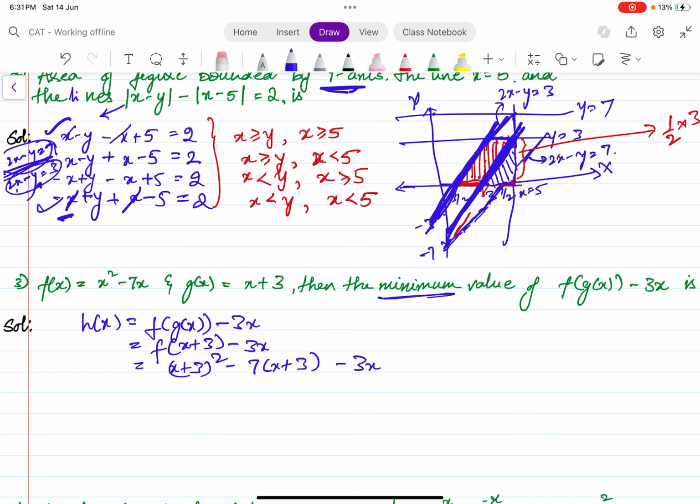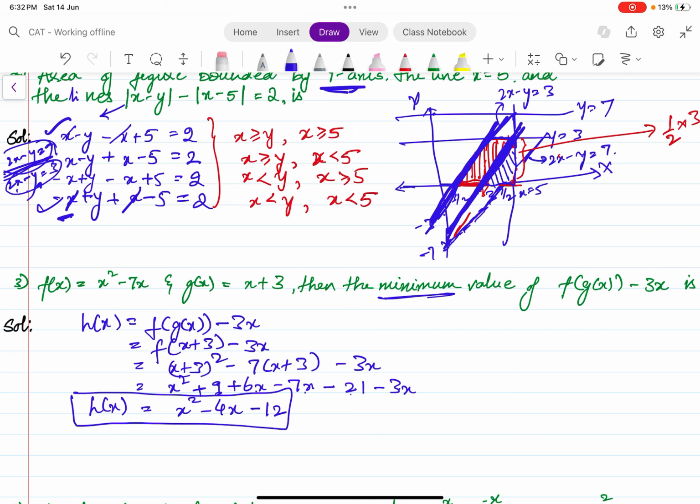So let us simplify this equation. What do we get on simplification? We got x square plus 9 plus 6x minus 7x minus 21 minus 3x. So the final equation would be x square minus 4x plus 9 minus 21, which is minus 12, and this is your final objective function.